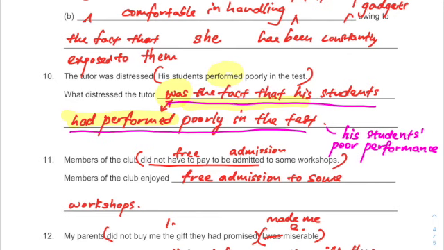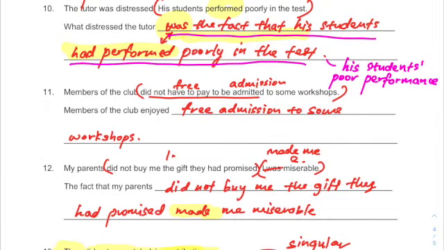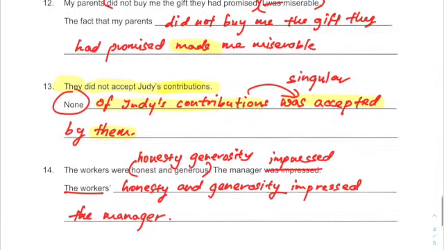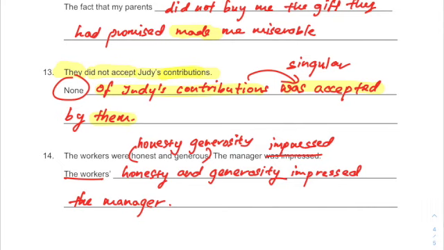So notice, if I am proficient in grammar, I can transform the words and drastically shorten my answers. Right, question 11, 12, and 13 and 14 remain the same because there is no use of the fact that.